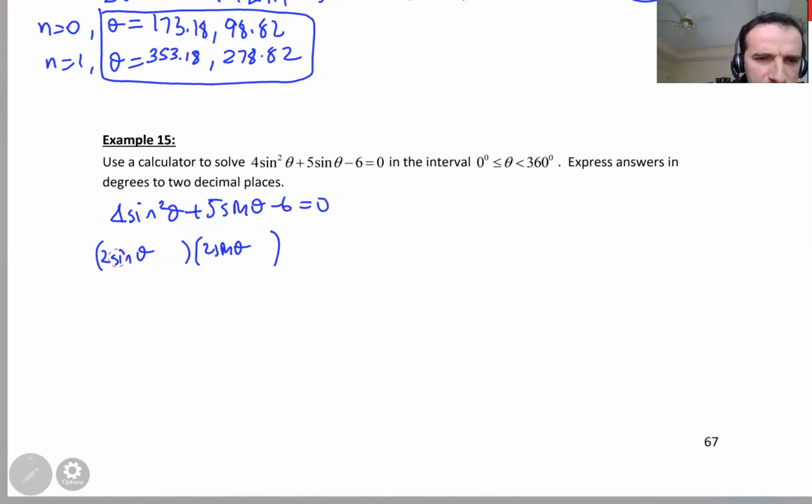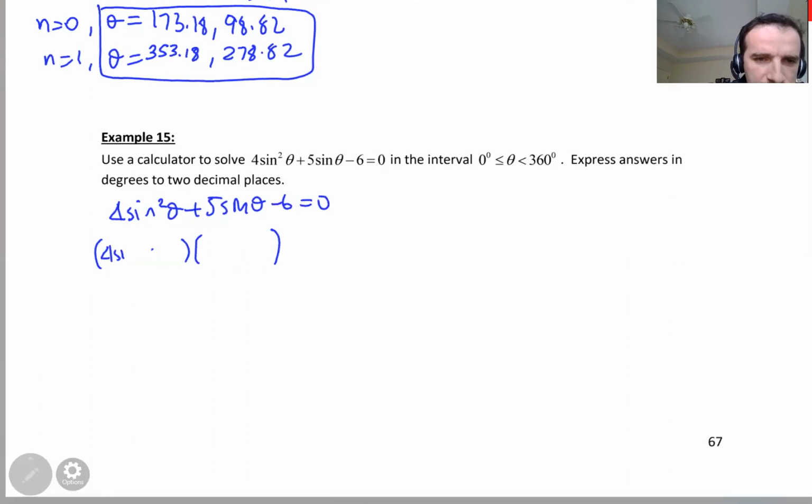Maybe instead of using 2 sine theta and 2 sine theta, I can use 4 sine theta and sine theta. I hope this helps. So what can I pick for negative 6? Yeah, it's helping.